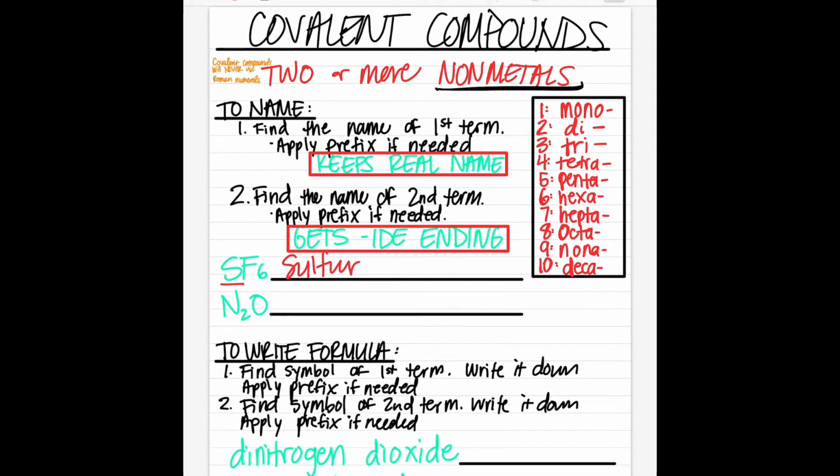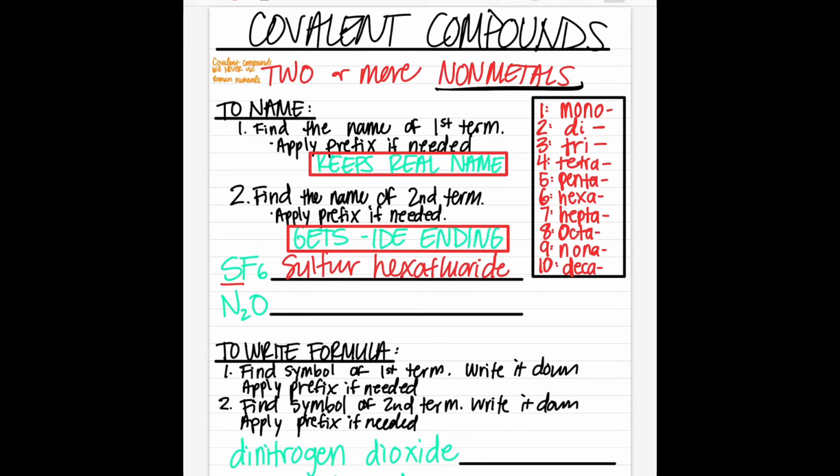It also has a number after it, so it's going to be hexafluoride. Okay, now remember, when you write the number it goes after, but when it's written in the name, the actual prefix, remember it's a prefix, it goes before the name.